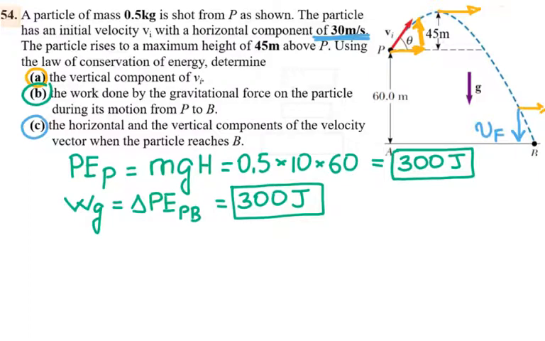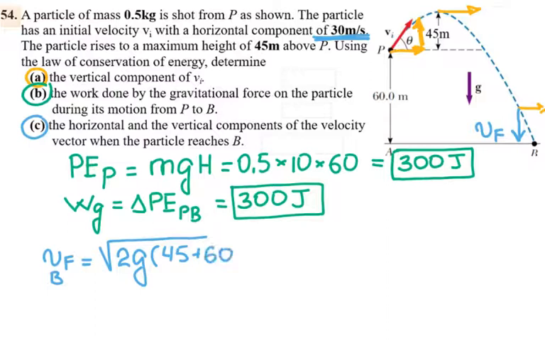And the vertical velocity at point B, or the final velocity, is equal to the square root of 2 times acceleration times the height, which is 45 plus 60 because it falls down from the height of 45 and 60 meters together. And that velocity is equal to 46 meters per second. So that is the vertical velocity.